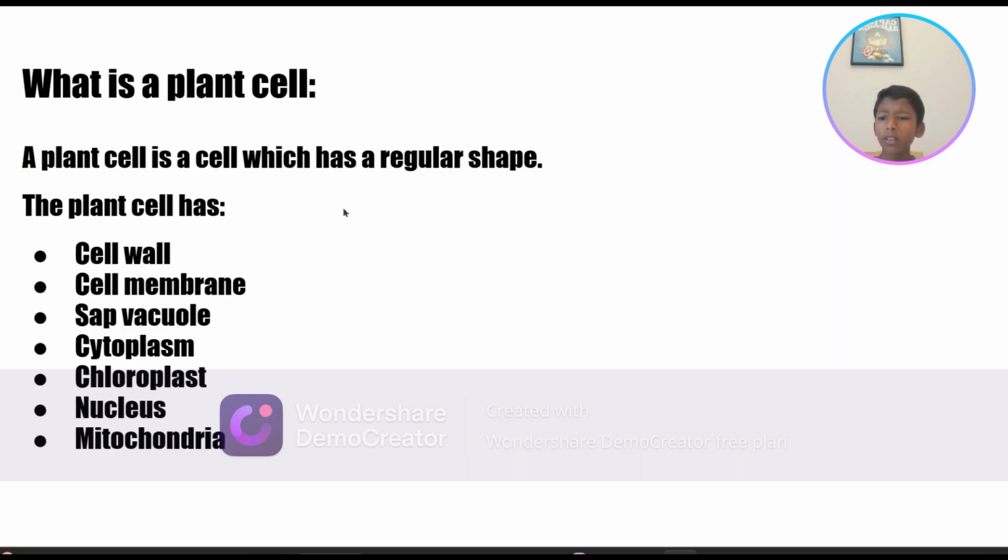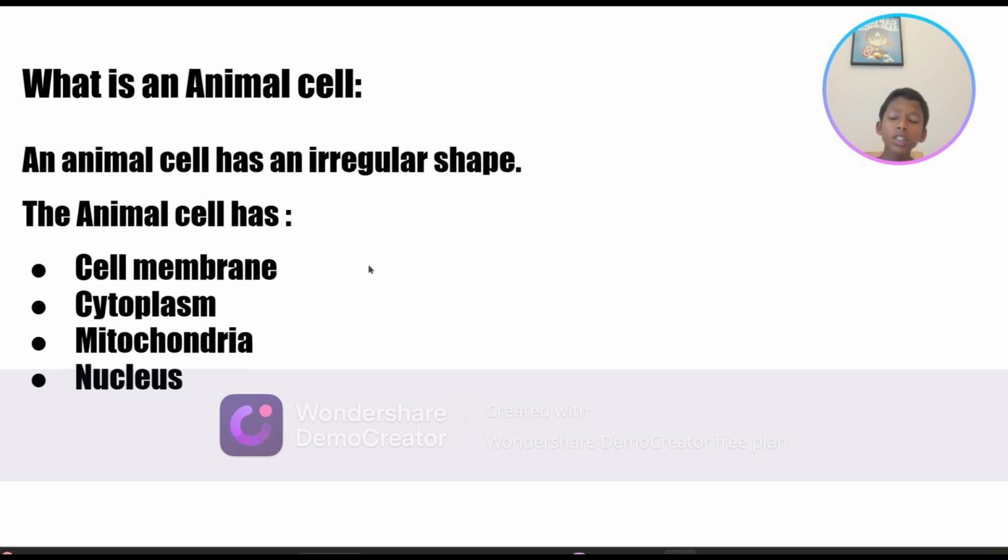What is a plant cell? A plant cell is a cell which has a regular shape, and the plant cell has a cell wall, cell membrane, cell vacuole, cytoplasm, chloroplast, nucleus, and mitochondrion.